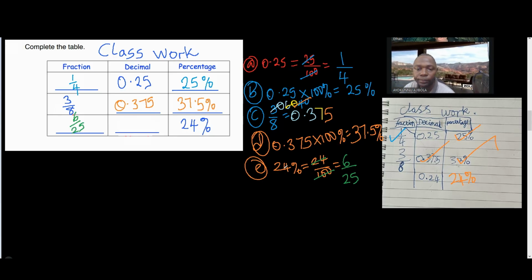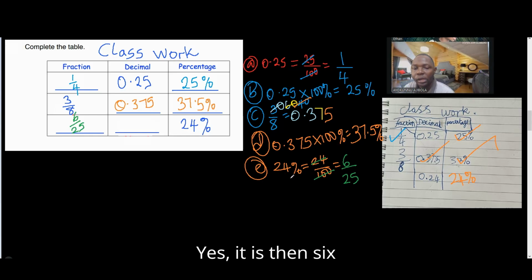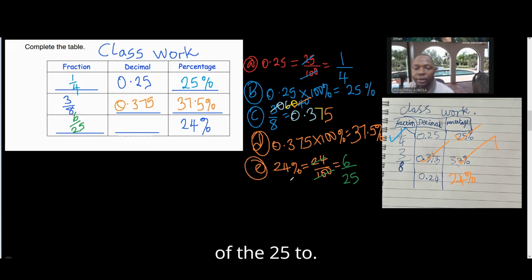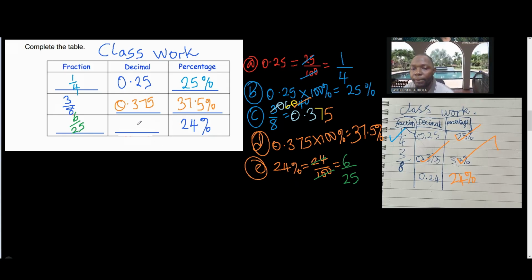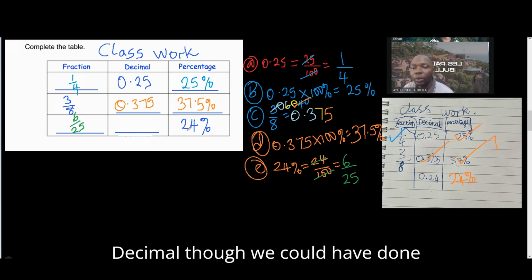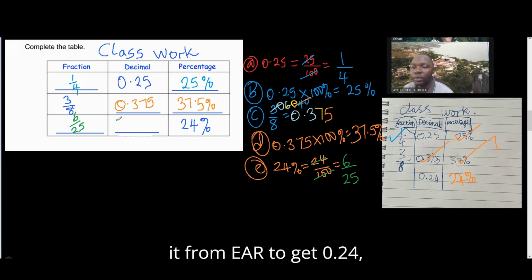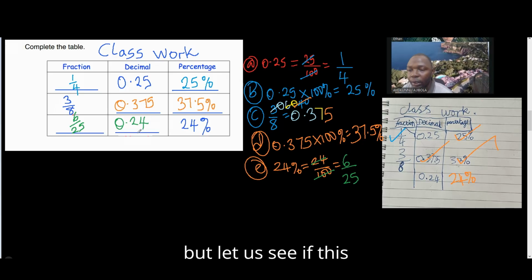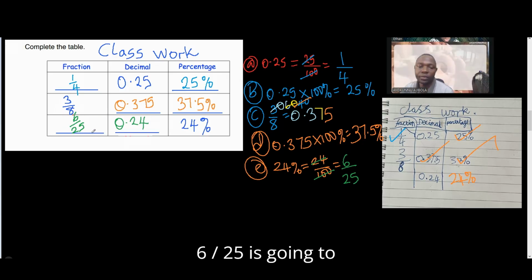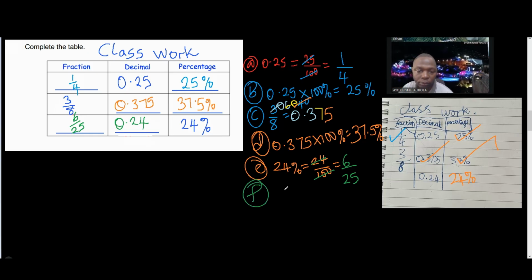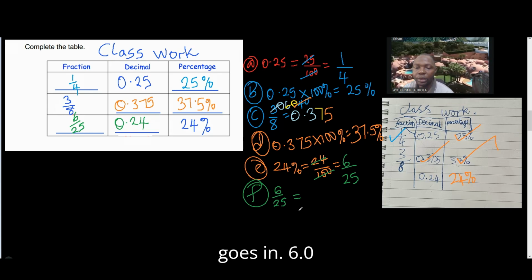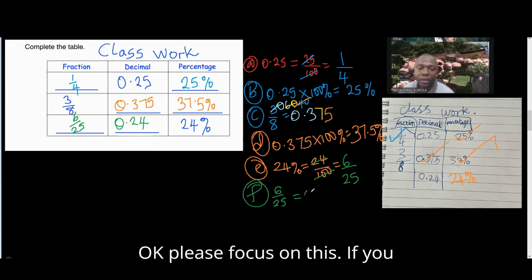Is that clear? Yes, it is. Then 6 over 25 to decimal, though we could have done it from here to get 0.24. But let us see if this 6 over 25 is going to give us 0.24. So 25 goes in 6, that's 0.